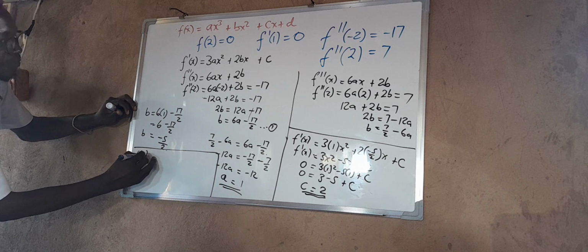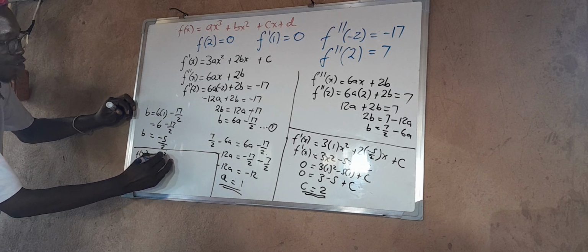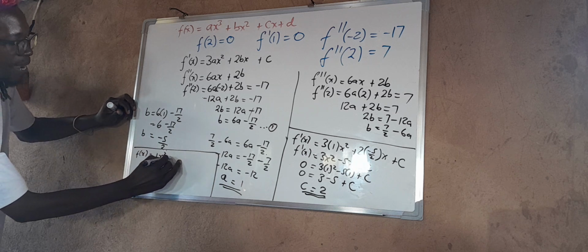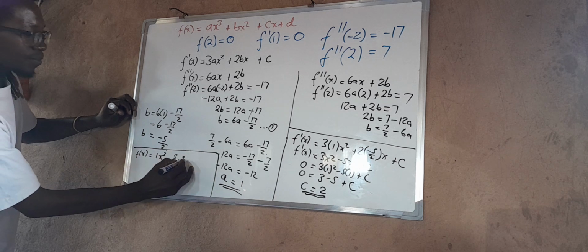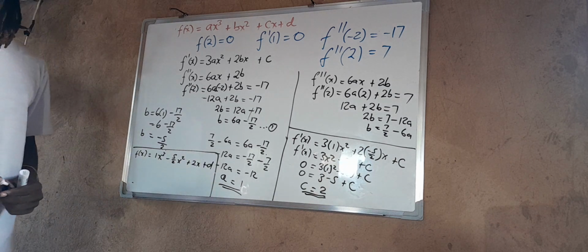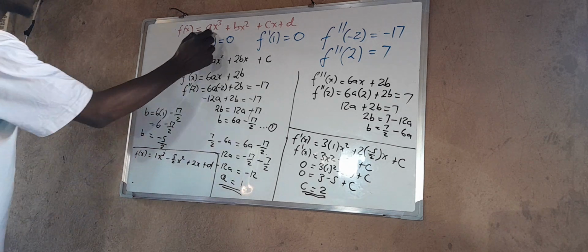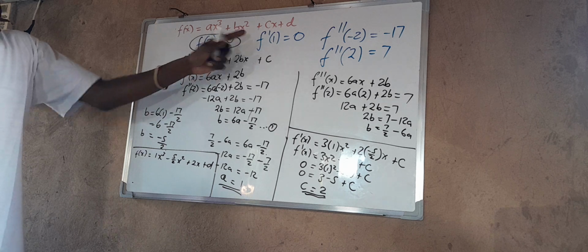So this equation as a whole is f(x) equals 1x cubed minus 5 over 2 x squared plus 2x plus d, right? What else are we having? We are having f at 2 equals 0.